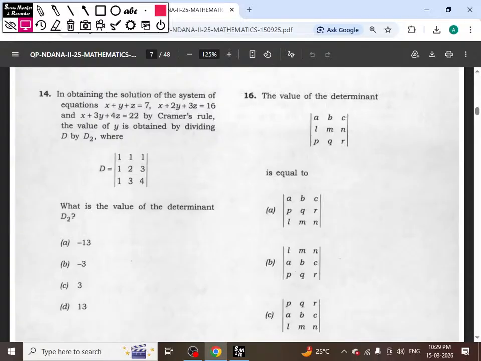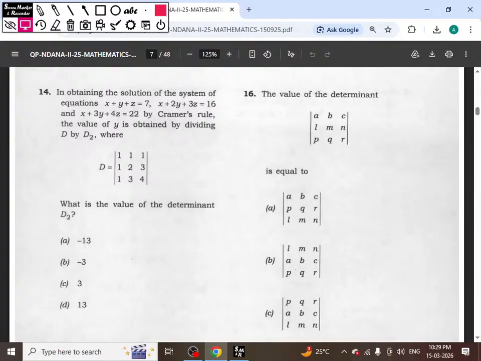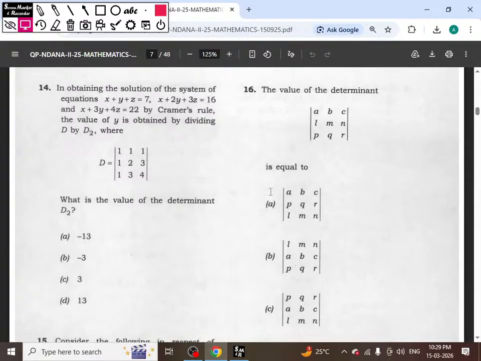Okay, we have got this Cramer's rule. So what if we divide this value by D, by D2? So we will have 16, sorry, 7 here, then 6, then 22 here.